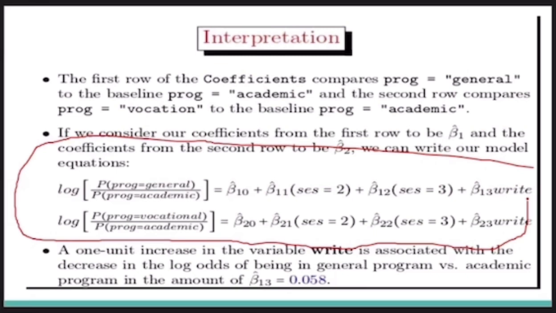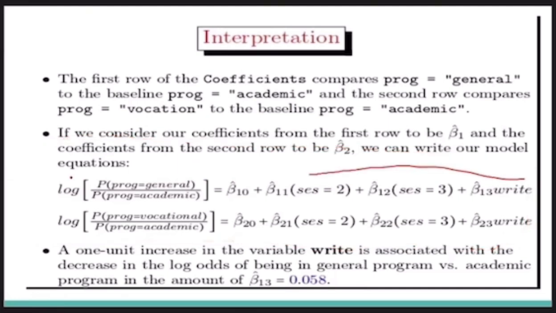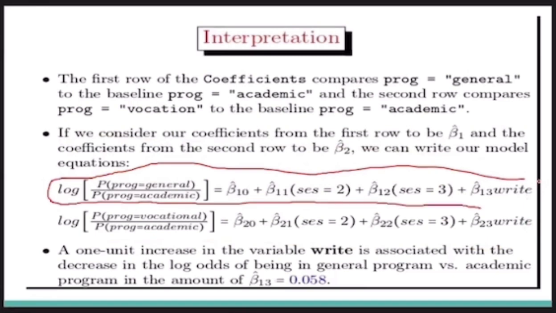Now, I'm going to write beta 1 0 hat, beta 1 1, beta 1 2, beta 1 3. This is what I'm going to use for that.